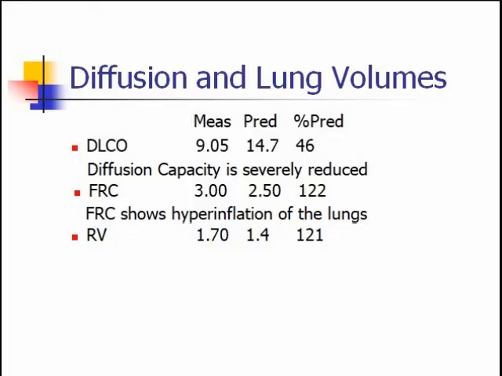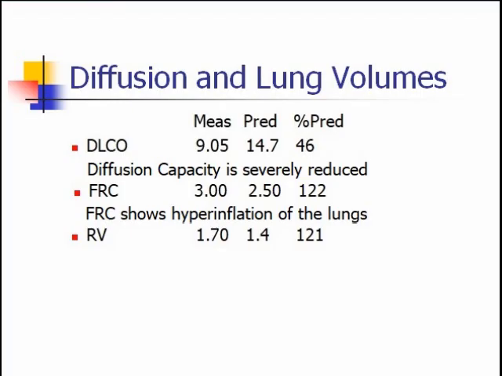The FRC and RV are not considered abnormal if they're less than 80%. They are considered abnormal if they are greater than 120%. Anything greater than that means we have excessive volume in the lungs.